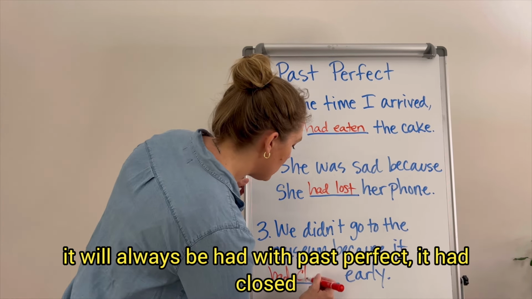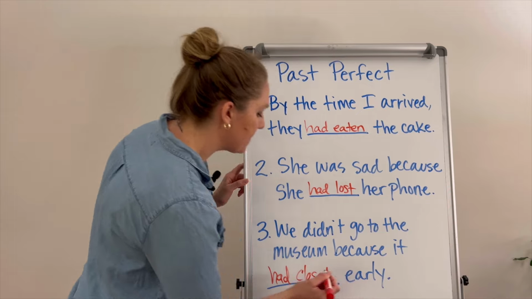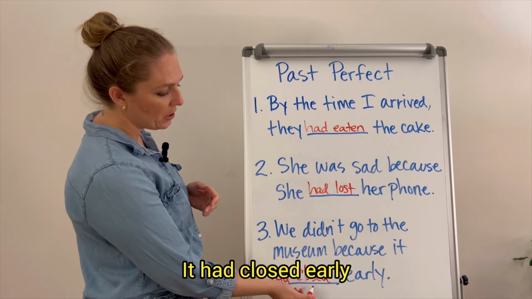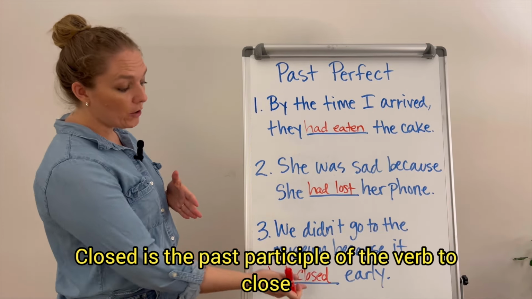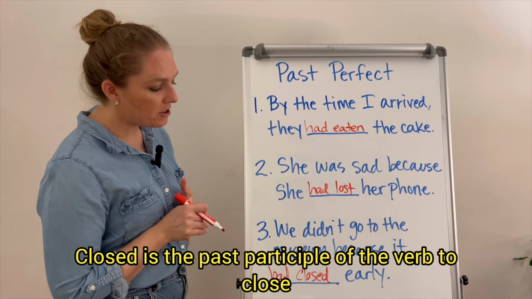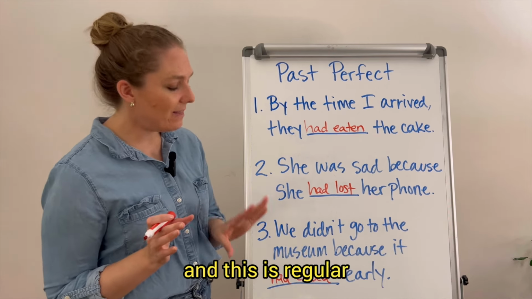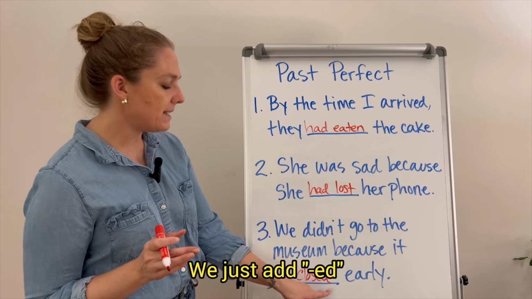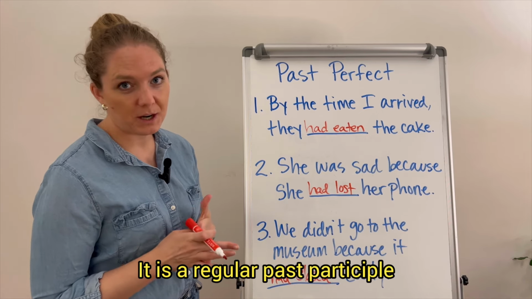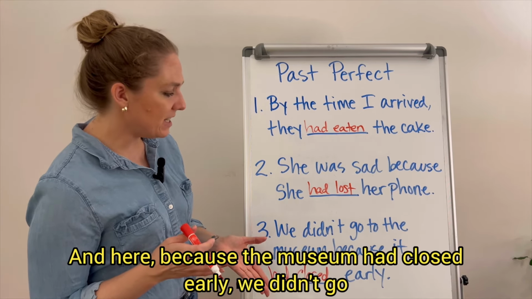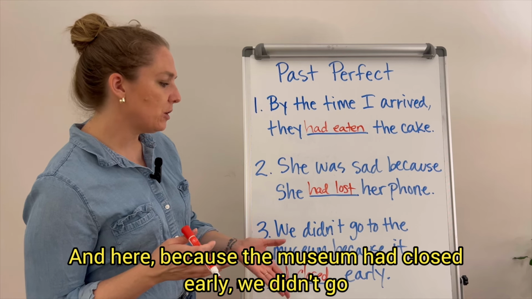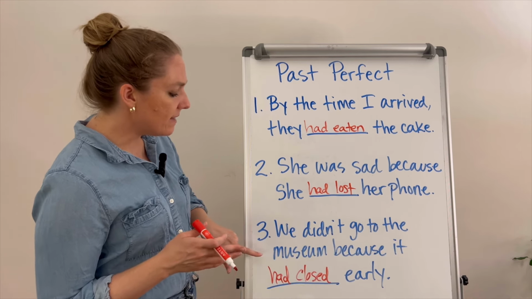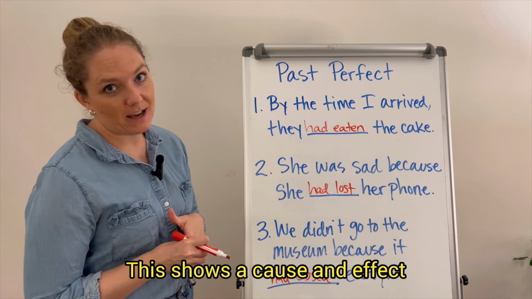It had closed early. Closed is the past participle of the verb to close, and this is regular. We just add ed. It is a regular past participle. And here, because the museum had closed early, we didn't go. This shows a cause and effect.